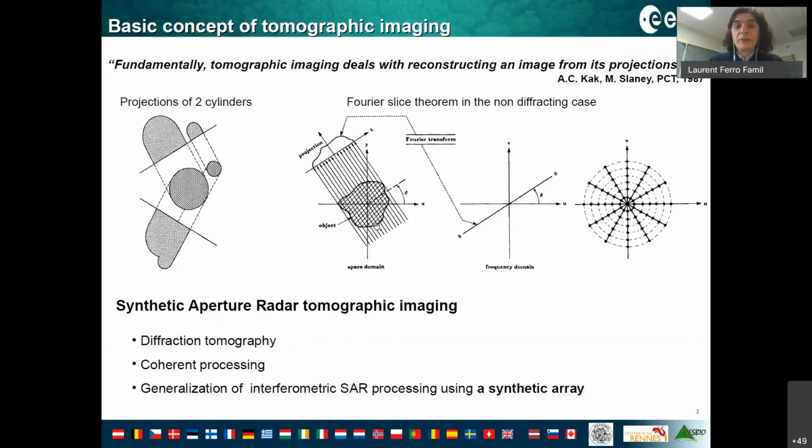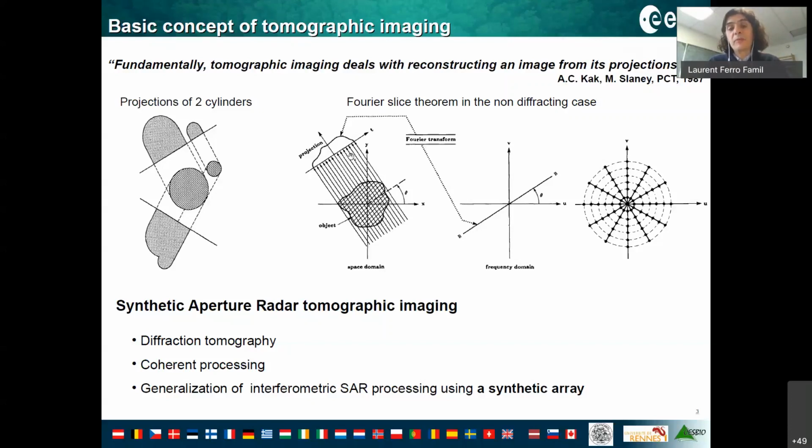You cannot measure the extent of this volume, of course, this is what you want to know, but you can measure the wave attenuation for a given orientation of your emitting and receiving system. This way of performing tomography is called non-diffracting tomography, because the interaction between the wave and the volume does not modify the wave propagation. It only affects the amplitude of the signal you receive.